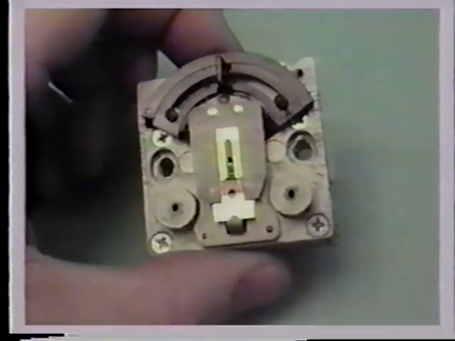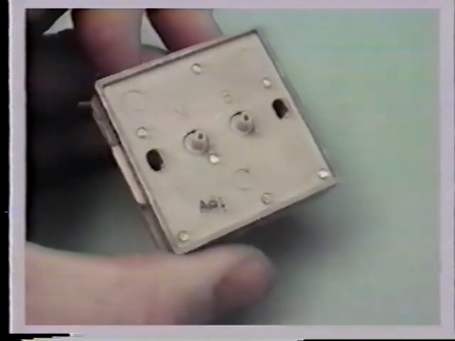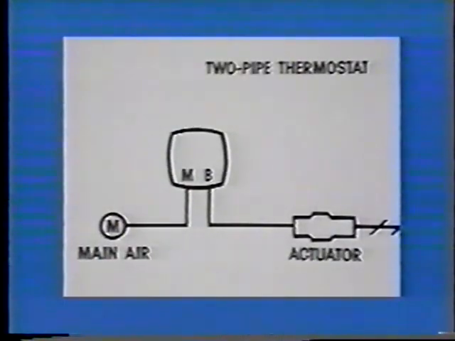The 2-pipe thermostat, on the other hand, has 2 connections directly to the thermostat. These connections are main air input and branch output. The branch output connection provides the branch line signal to the final control device or other devices in the system.